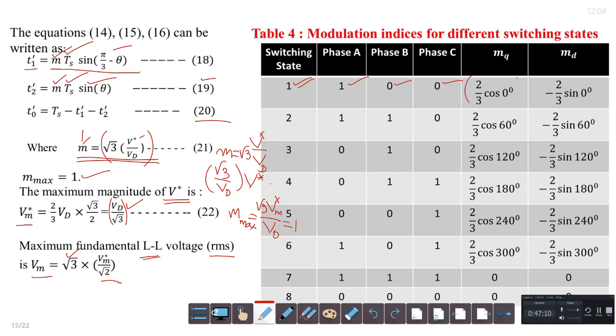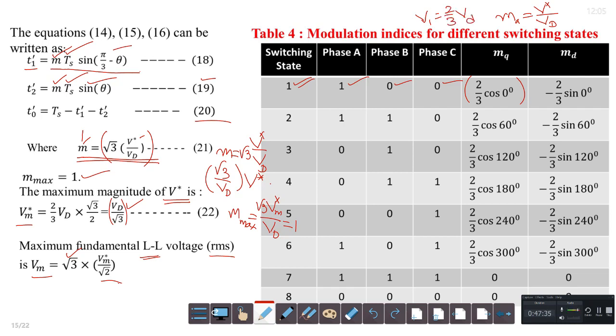The MQ component is 2 by 3 cos 0, because MQ means V star divided by Vd, and for V1 it is 2 by 3 into Vd.